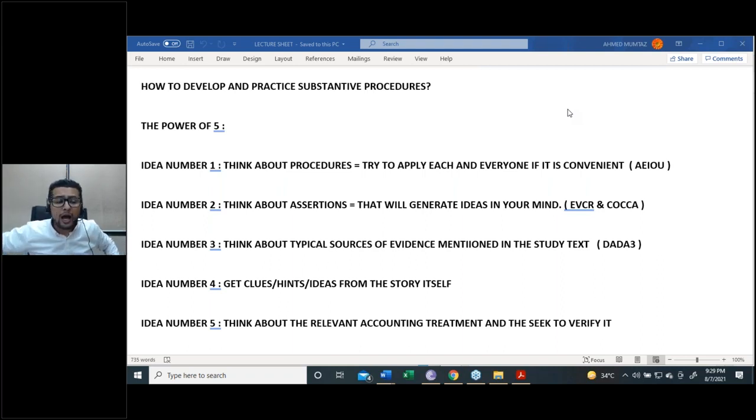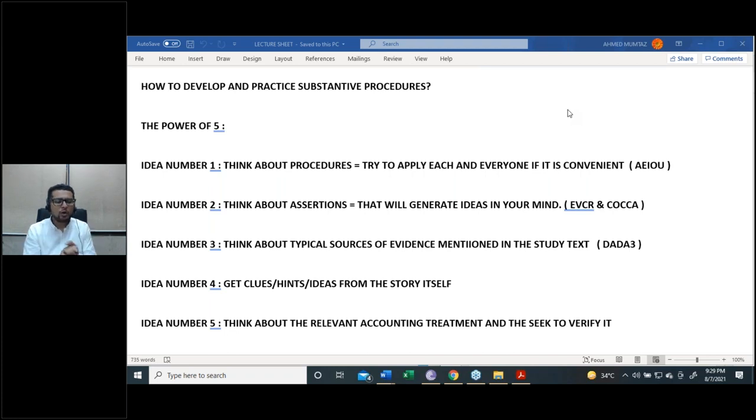Out of AEIOU, one thing is called inquiry and confirmation. I could use third-party confirmation, or I could have a discussion with the management. So if you're ever running out of ideas, if you are stuck in a real exam situation and need more procedures, think about the elements of AEIOU, and that will give you an idea out of nowhere.